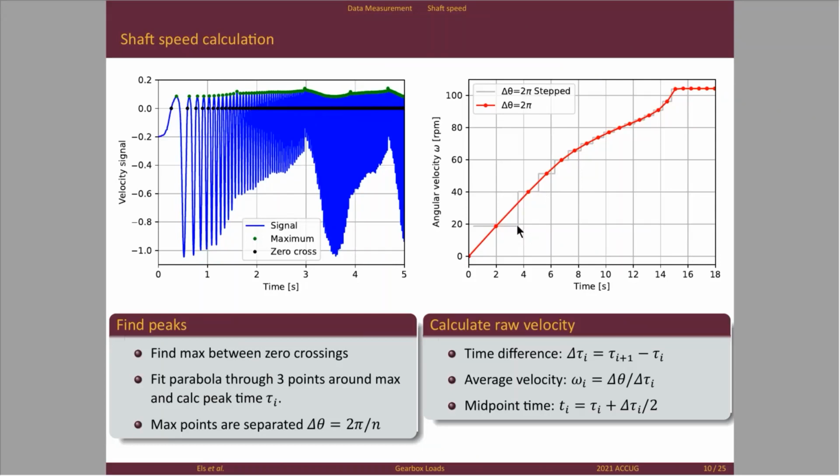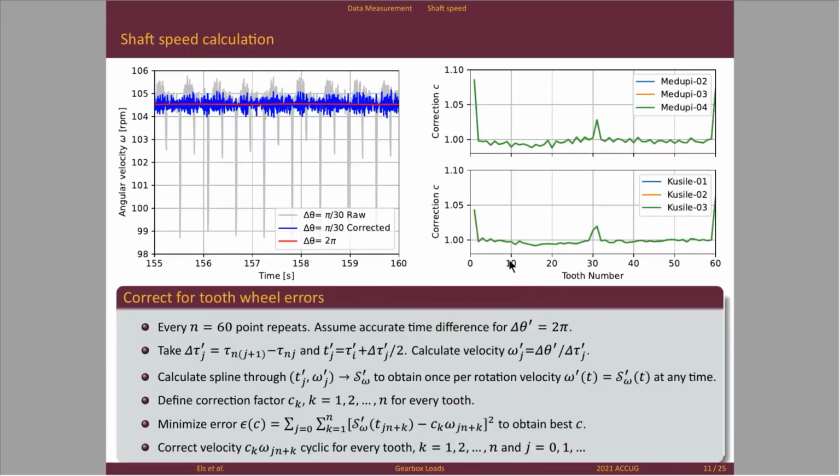So this is an example of once per revolution, just to show you what's going on. Have a look at this blue curve. The whole measurement is very sensitive to runouts, materials, accuracy, tolerances, everything. So if you calculate that, you end up with this gray speed calculation. The red curve that you see there is if you go once per revolution.